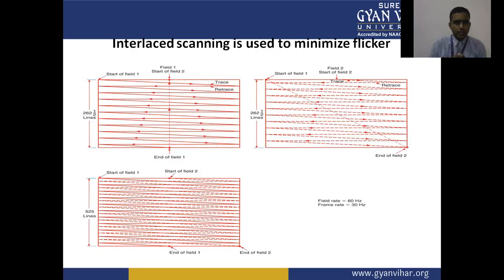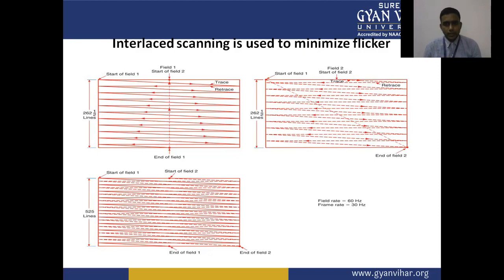262.5 lines. Field one shows the start and end of the field and the start of the scanning, that is, the horizontal scanning from top left to right, and the retrace period is shown here.